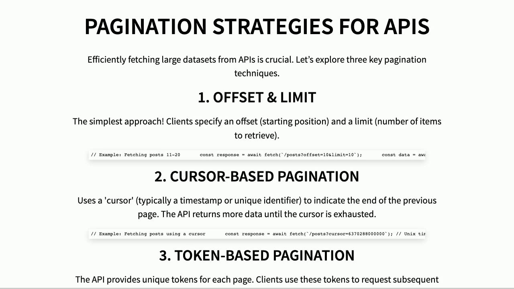You tell the API start here, the offset, and give me this many items, the limit. Then there's cursor-based pagination, which uses a kind of breadcrumb trail, a cursor that tells the API where the previous page ended. Finally, we have token-based pagination, often seen in database scenarios, using unique tokens to navigate through the data. The best choice really depends on how the specific API is designed and how your data works.